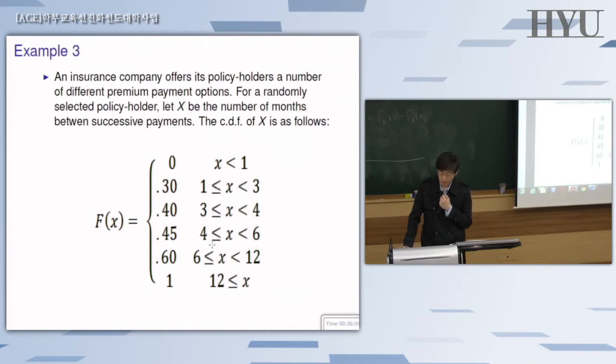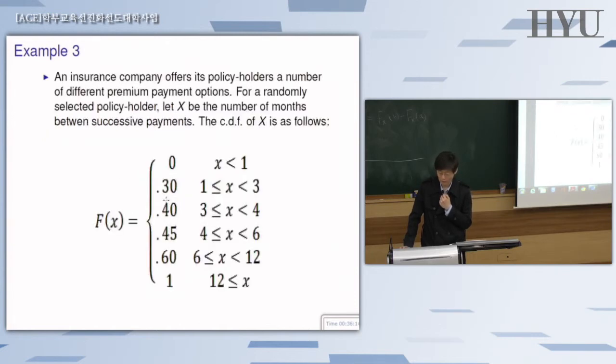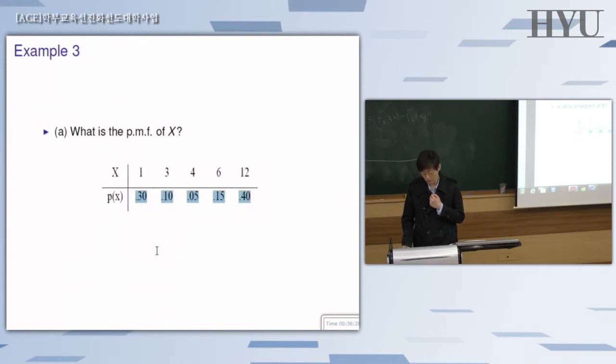Second jump comes at x equals 3. 4, 6, and 12. Those are the possible values taken by X. And then for each one of these x's, the corresponding probability mass is nothing but the size of the jump from moving from one subinterval to the next subinterval. Just subtract, or get the difference between, these two consecutive numbers under the CDF. That's the trick.